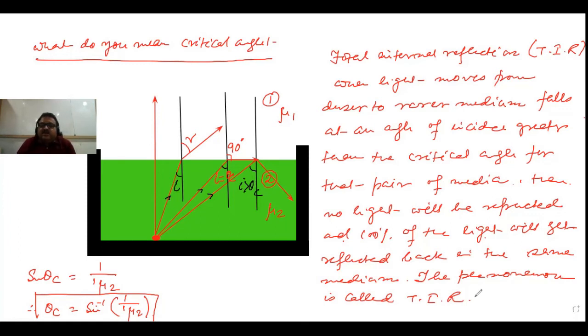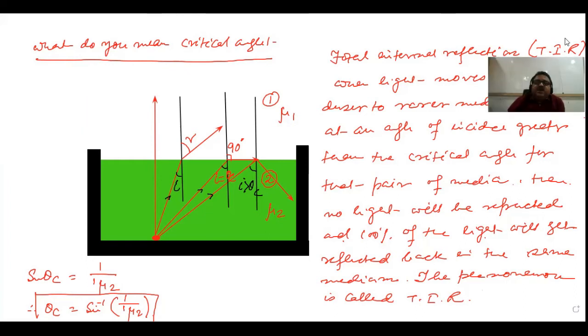Now the question is the factors on which total internal reflection depends. Means what is the condition of total internal reflection, correct? So condition of TIR.